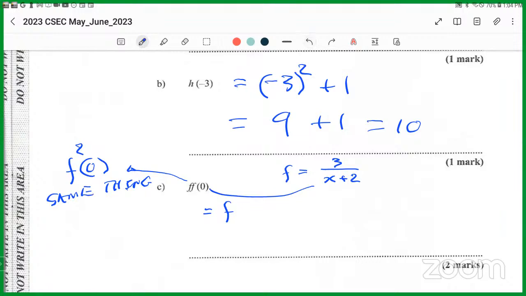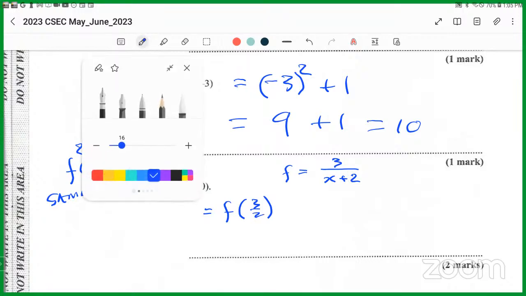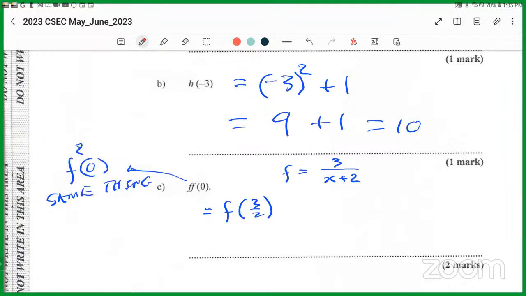So f of 0 equals 3 over 2. Put that value there. They want f of 3 over 2 now, which means I put 3 over 2 right here where the x is.